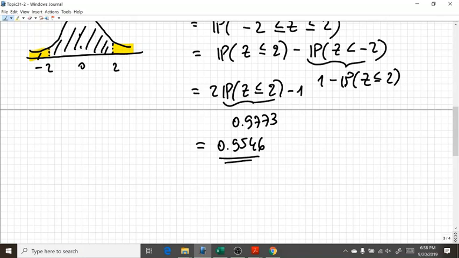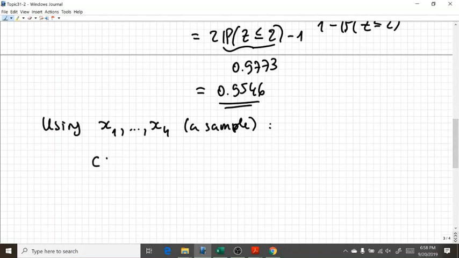So say that I have now a sample, so concrete values for the x's. So that's a sample. I could calculate finally a confidence interval for mu of which level?